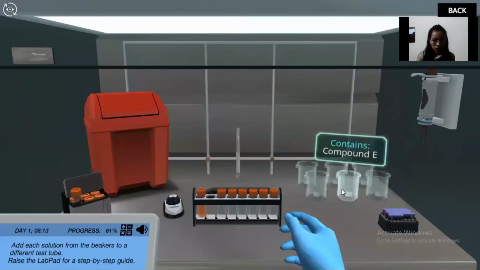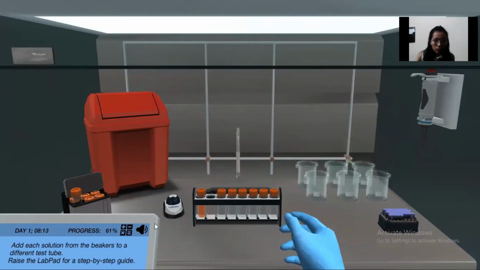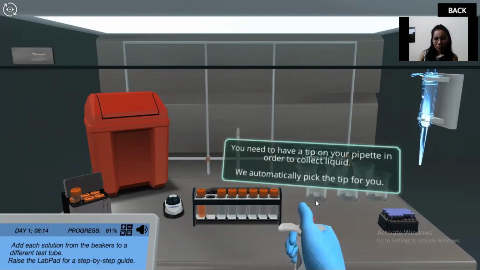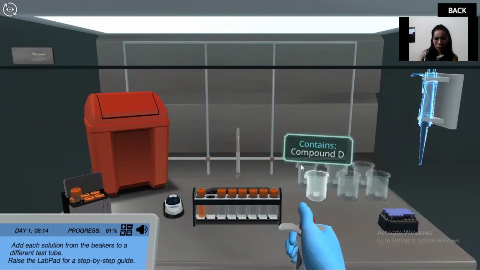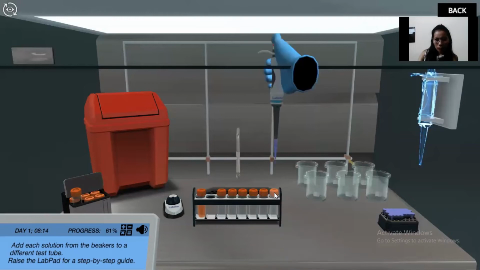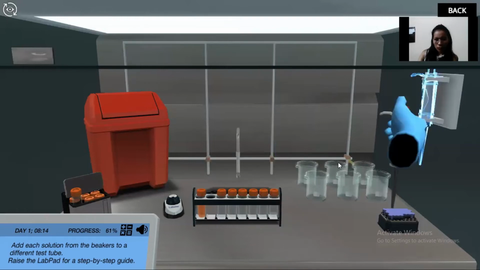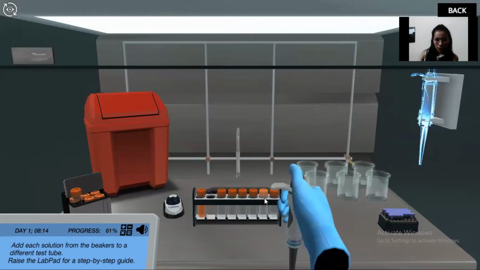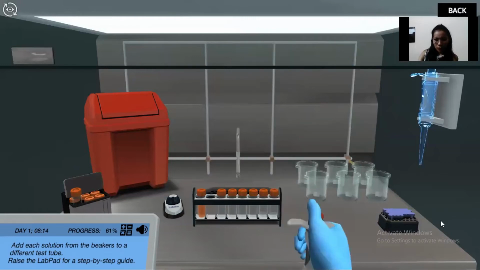Add each solution from the beakers to a different test tube. Raise the lab pad for a step-by-step guide. Click on the lab pad for more information.